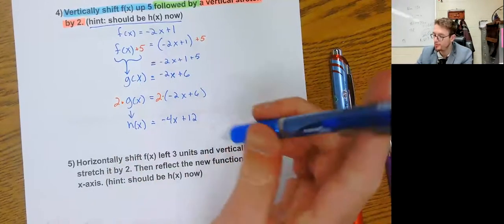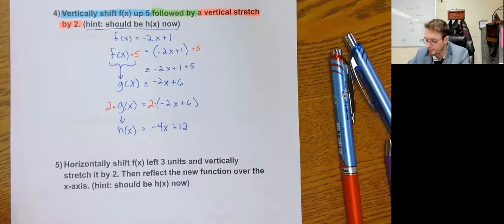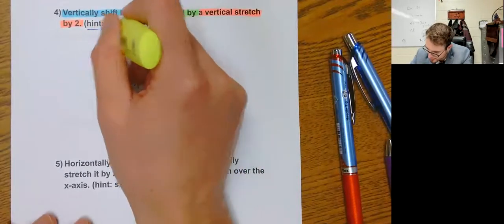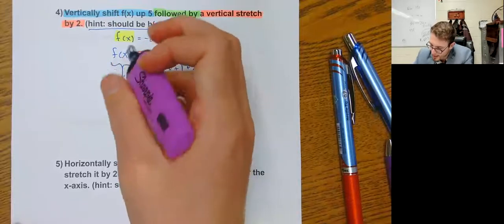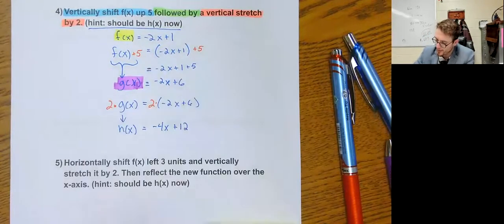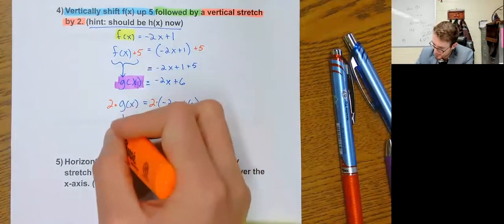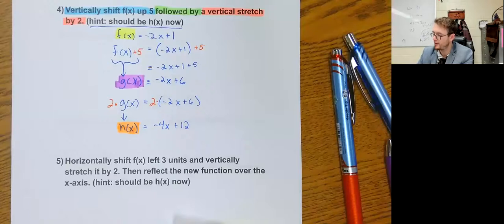So we went from the original f of x, transformed that into g of x, and then g of x got transformed into h of x, right?